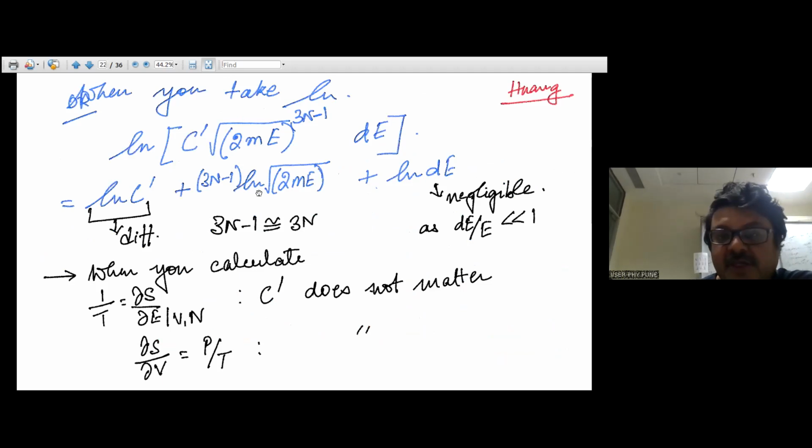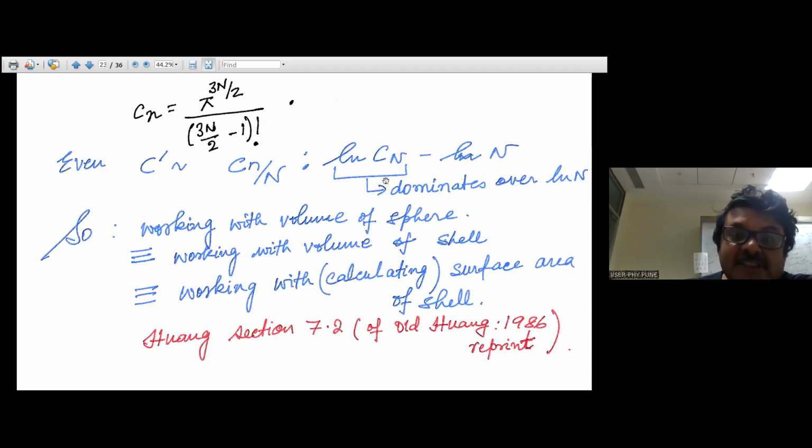or yeah. So basically, and what you are really contributing is 3n into either energy or other terms. So these three are equivalent.